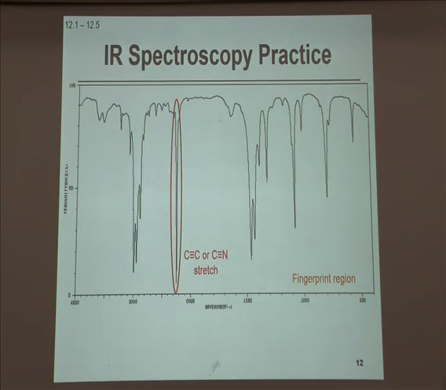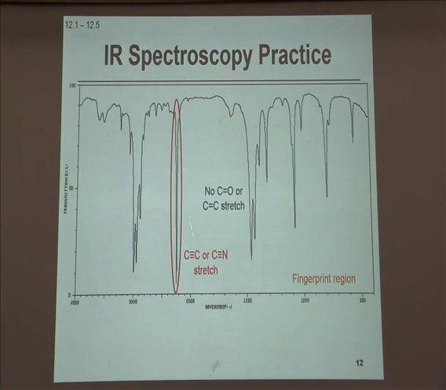This is a really, really intense stretch for this region, and the intensity of it indicates that we probably have an asymmetry in terms of the 2 atoms attached to that triple bond. Over here we've got some hydrogens that must be attached to sp3 hybridized carbons to produce this stretching feature as well.